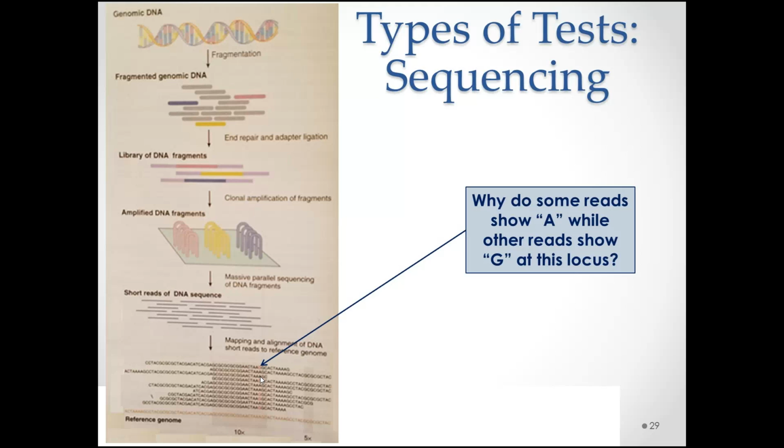So from there, you can infer that on one of the alleles from this patient, there's a G at that spot, and on the other allele, you're seeing an A, and this is what you would expect to see if the patient is heterozygote for this particular locus.